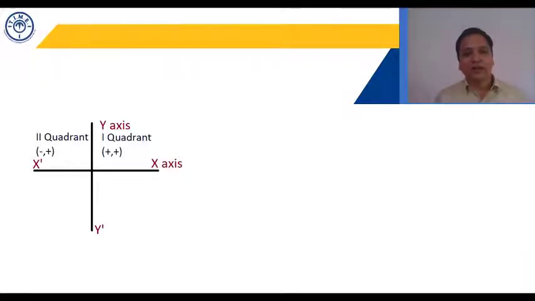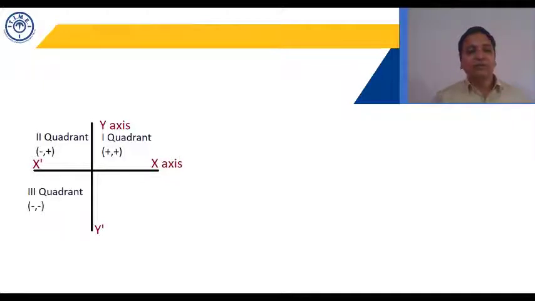As long as we are above x-axis, y is positive. Once we go below x-axis, y becomes negative. So first quadrant has both x coordinate as well as y coordinate positive. Second quadrant has x coordinate negative, y coordinate positive.